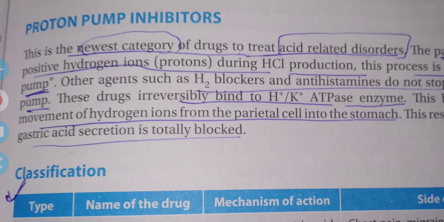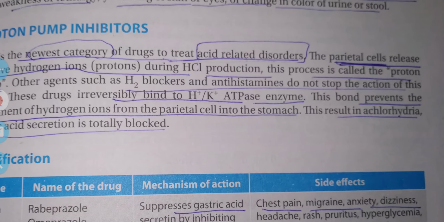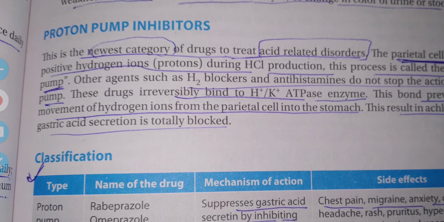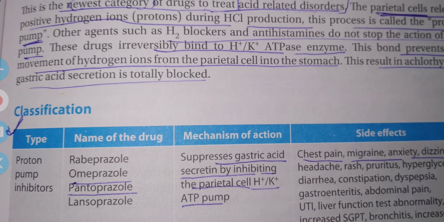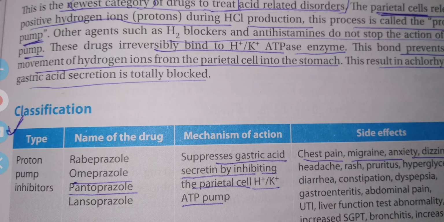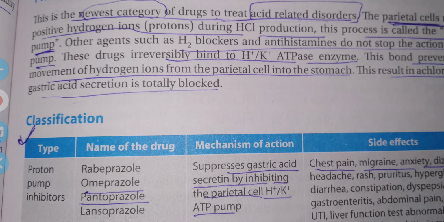Proton pump inhibitors are the newest category of drugs used to treat acid-related disorders. The parietal cell releases positive hydrogen ion. They inhibit the parietal cell where the H plus/K plus ATPase pump is there.